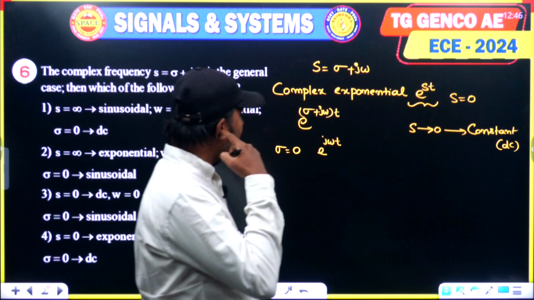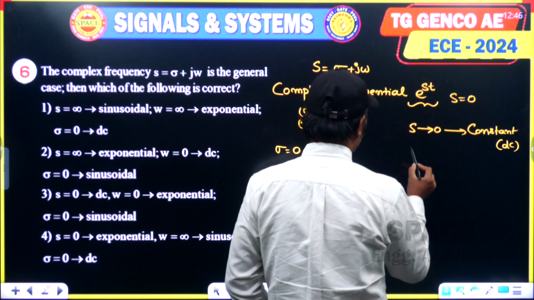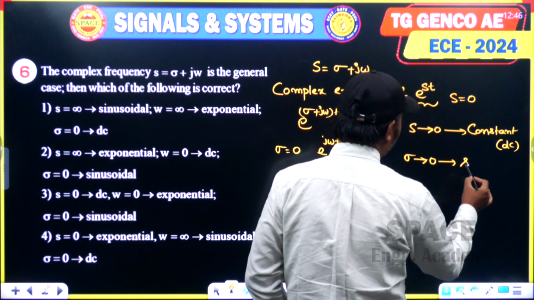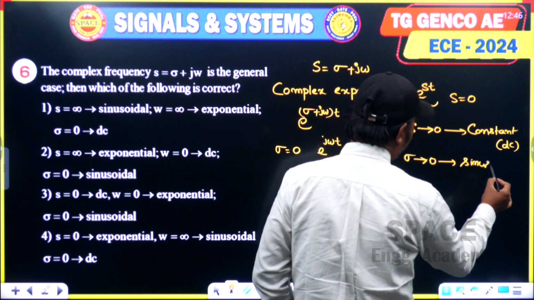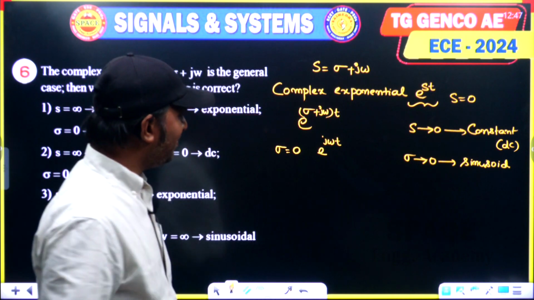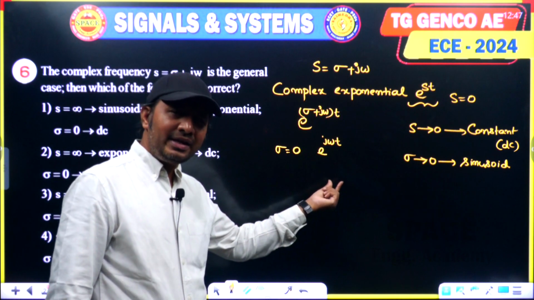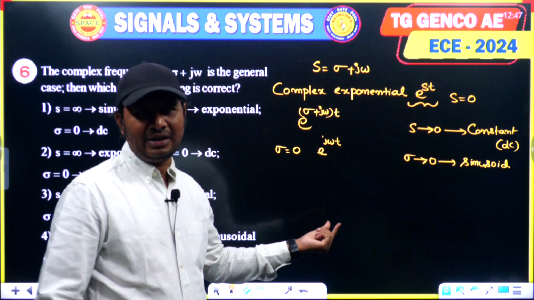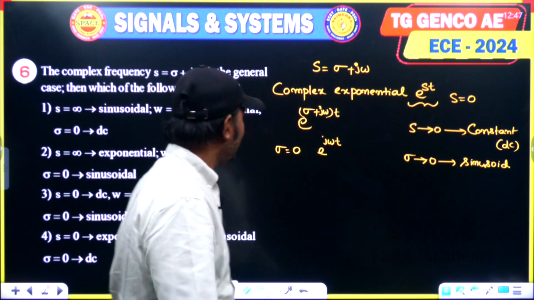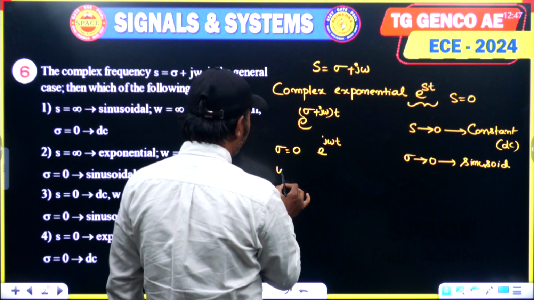Sigma is equal to 0 means we will get a sinusoid. Basically e power j omega t is also known as a complex exponential, as it is taking cos and sin. I have written sinusoid.